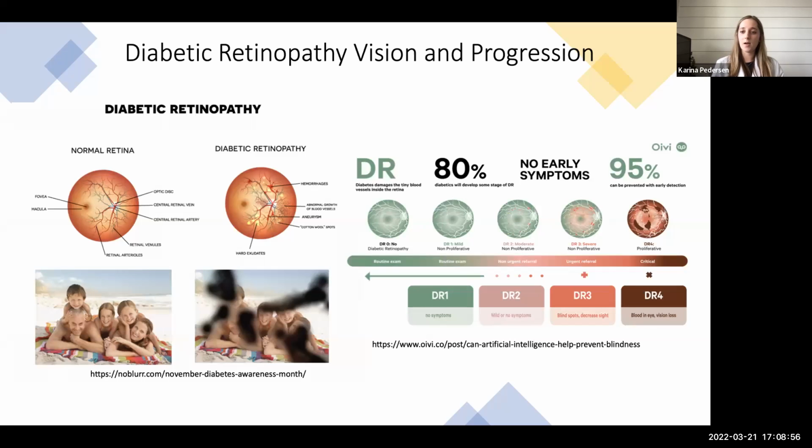In the DR3 category, it is still non-proliferative, but you have significant hemorrhages, maybe some aneurysms, and you're going to have some blind spots and maybe a decrease in sight. And in the DR4 section, you have a lot of blood in your eye and you may have significant vision loss, maybe even worse than that picture on the left.